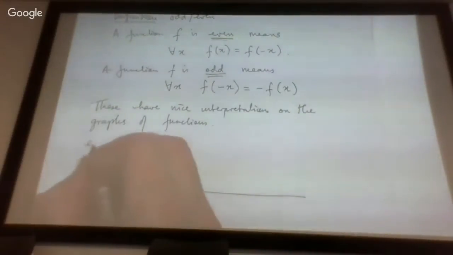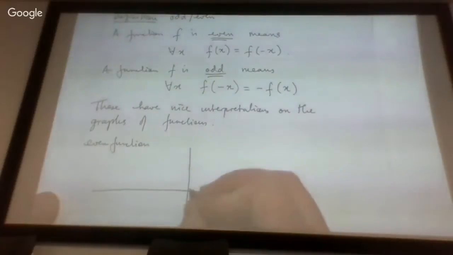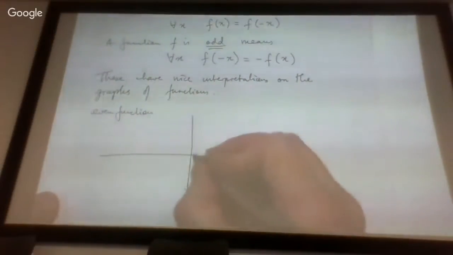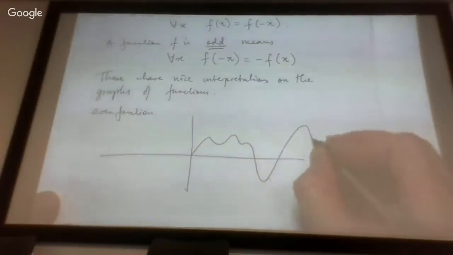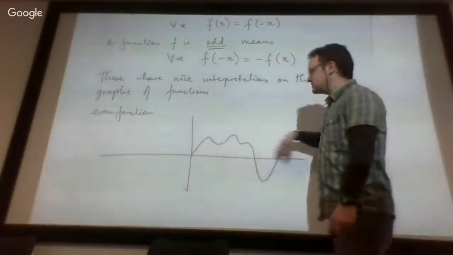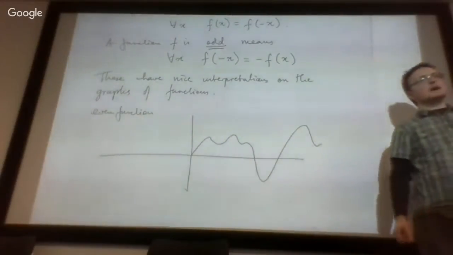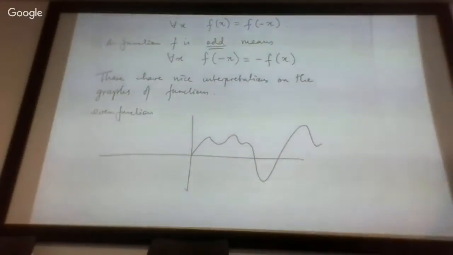Because let's think of an even function. Well, okay, let's just think of some kind of generic graph of a random even function. Okay. Well, on the positive half of the domain, for positive arguments, here's just a random squiggly line.